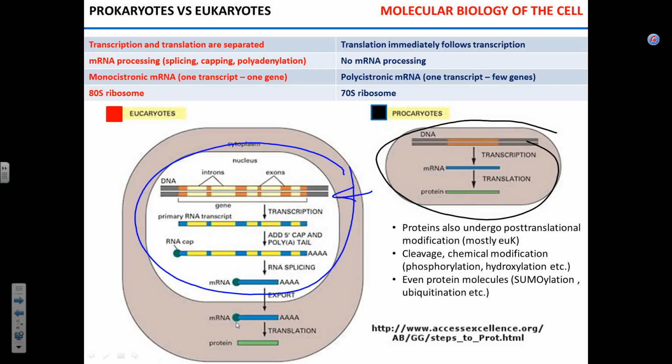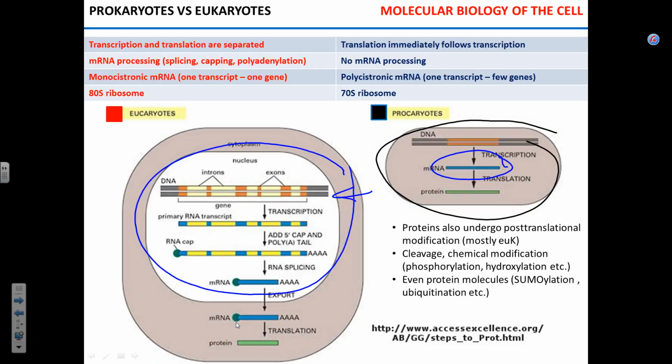Right? Second, in prokaryotes, mRNA, after the transcription, is ready to get translated. It kind of falls in the same idea. It's ready. It does not require any post-transcriptional modification. mRNA is ready to go.